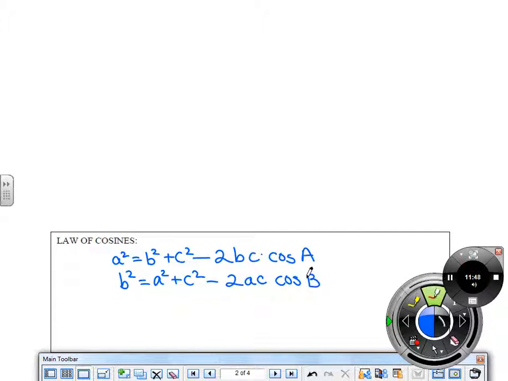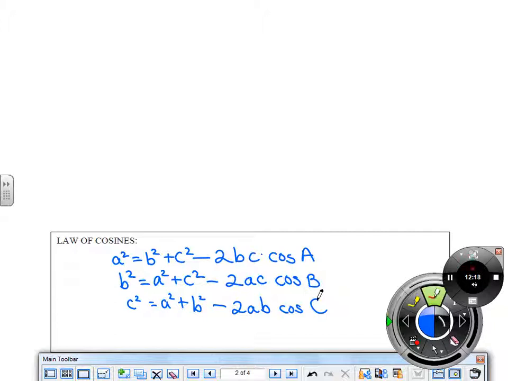All right, so of course there's a third version of this formula. Okay? It says that to find C squared, what 2 side lengths would you use? A squared and B squared. Okay, so then we'd subtract 2 times the same 2 sides we've been using, and the cosine of an angle, which in this case would be C. It's really the same formula, and do they have to name their triangle ABC?